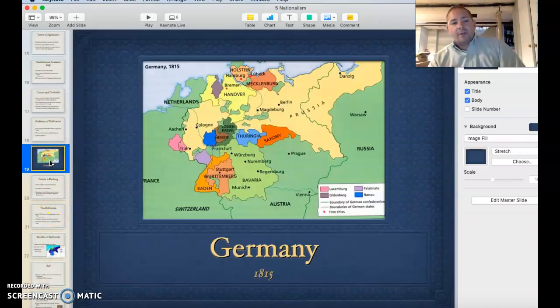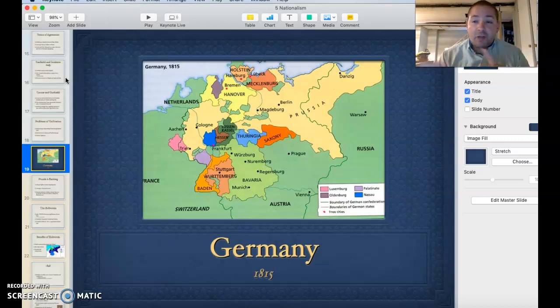Germany is also another country that becomes unified at this same period. Germany looks like this on the eve of its unification. It is called the German Confederation, and it is basically a group of German-speaking peoples who are united together, but they are not a country. They are not a nation state.